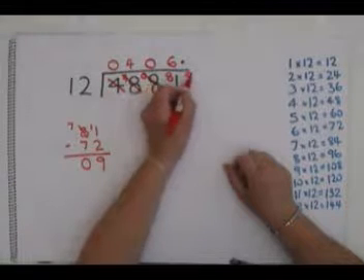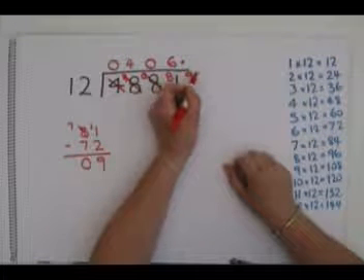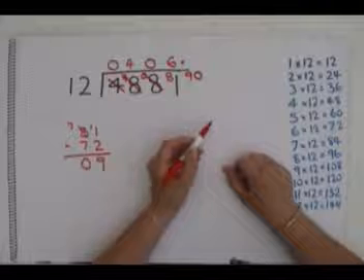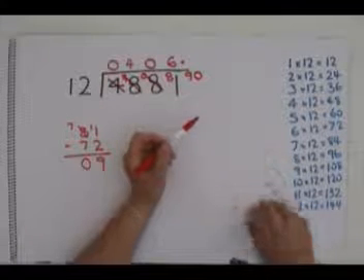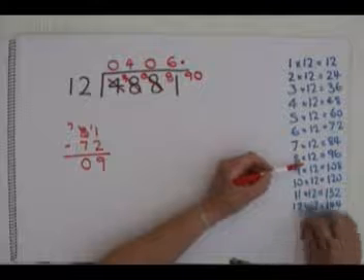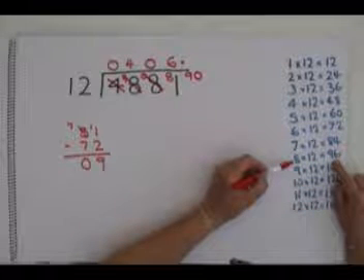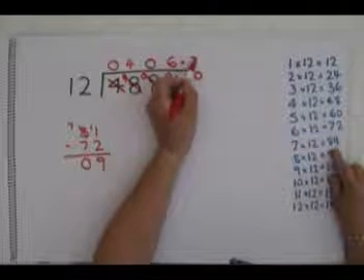So we carry our 9 over here, and with decimal division you're able to keep bringing in zeros. So you write a 0 there, and you're saying to yourself, how many times does 12 fit into 90? Looking down our page, we can see that 7 times 12 is 84, and 8 times 12 is 96. So the answer here will be 7.